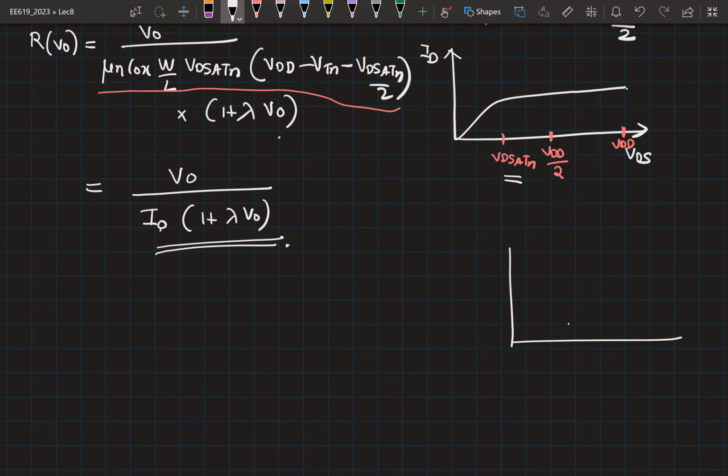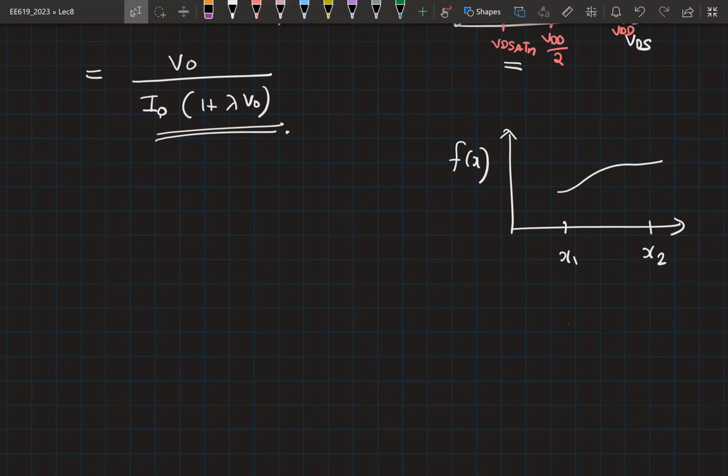So you have some function f of x. You are interested in its average value as it moves from x1 to x2. How do you find out the average? I mean, if you had so many values, right, how would you take the average?